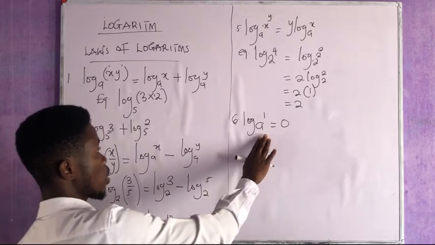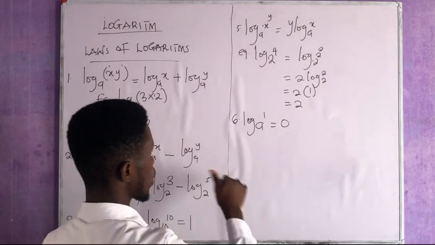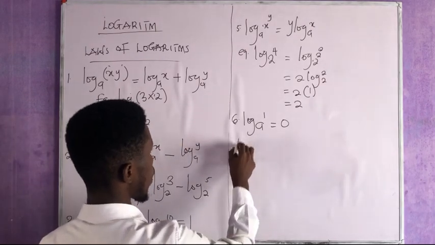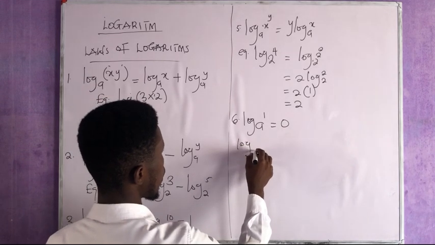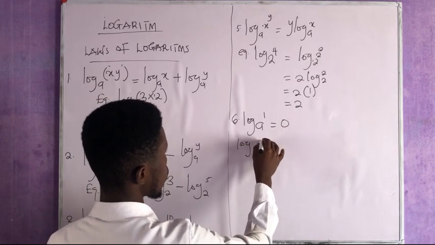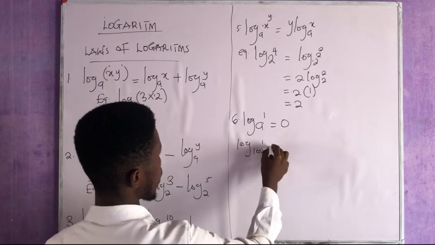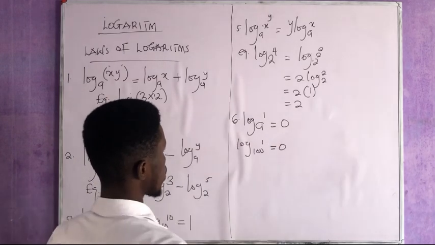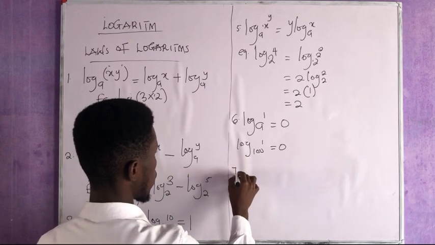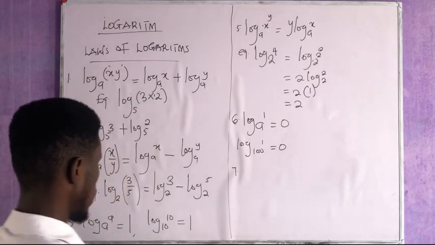So it should be positive numbers here. Alright. Now, if I have log 100 to the power 1 or log 1 to the base 100, then my answer will be what? 0. Law number 7.